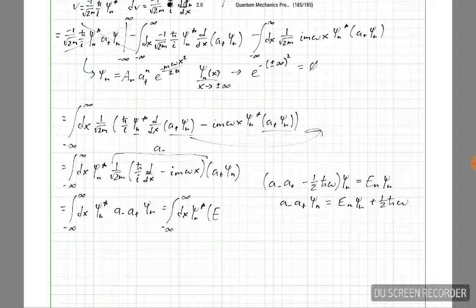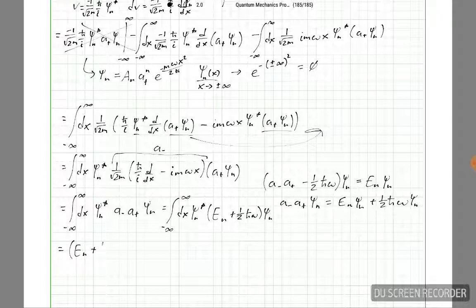So that's going to be En plus 1/2 h bar omega, psi n. We can go ahead and factor that out.